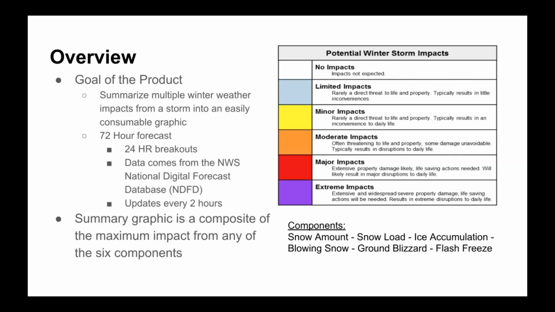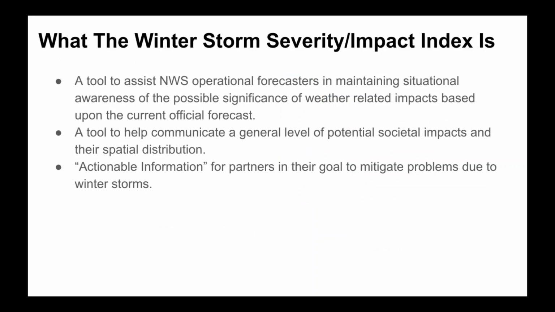And then there's a final summary graphic, which is a composite of the maximum impact from any of the 6 components. That summary graphic is the first thing you'll see when you go to the WSSI web page, that overall summary impact graphic.